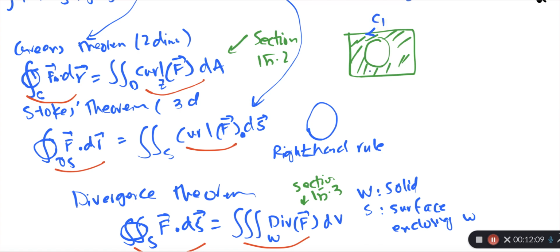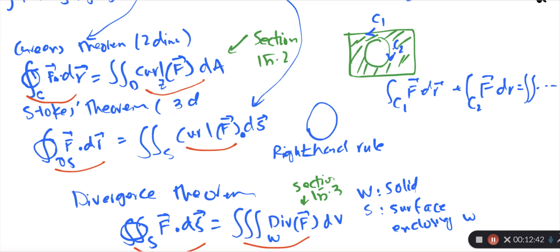If this is C1, for example, and this one is C2, let's say C2 is in the opposite direction, which is going to be in the counterclockwise direction, then you can add up the integral over C1 of f dot dr plus the integral over C2 of f dot dr. That's going to be equal to the double integral that you have on the right hand side, and that's over the shaded area.